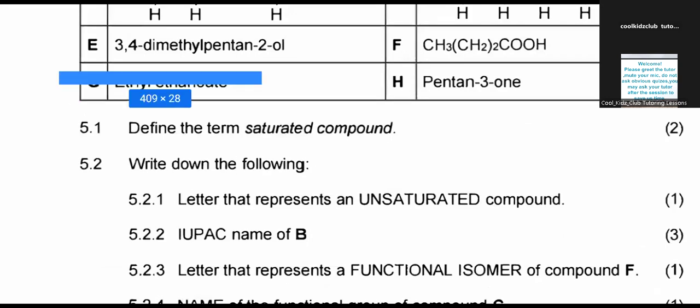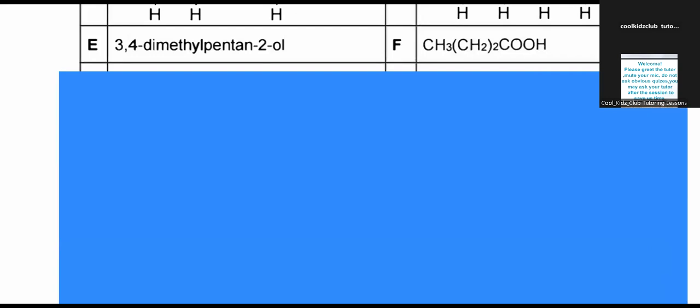This is how we draw. We know that it's pentane, so we have 5 C's: 1, 2, 3, 4, 5. And we see that on number 2, there is an alcohol. Let's just place it here. There's that OH there.